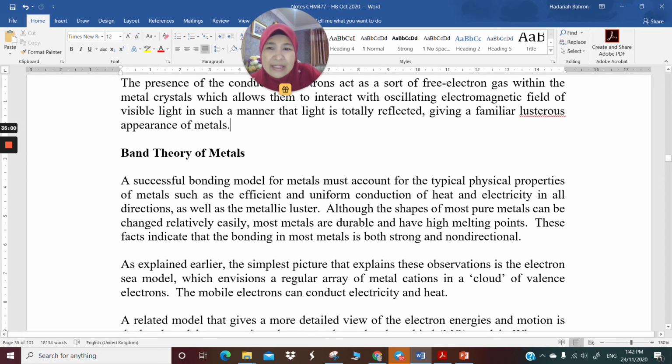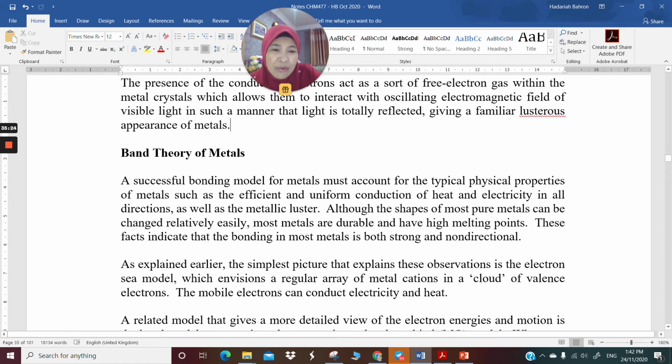And as I was saying to you earlier, a successful bonding model for metals must be proposed to account for the typical physical properties of metals, such as efficient and uniform conduction of heat and electricity in all directions, as well as the metallic luster.